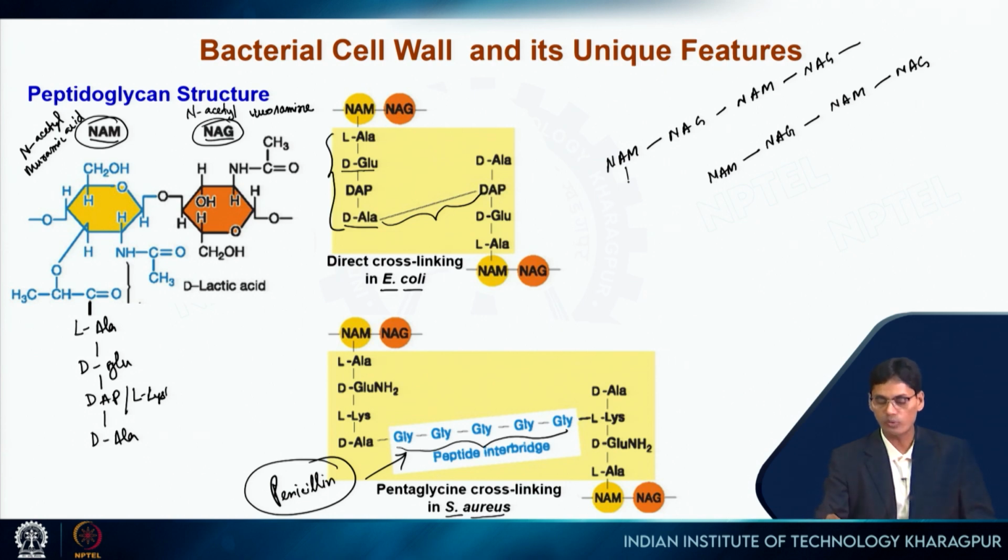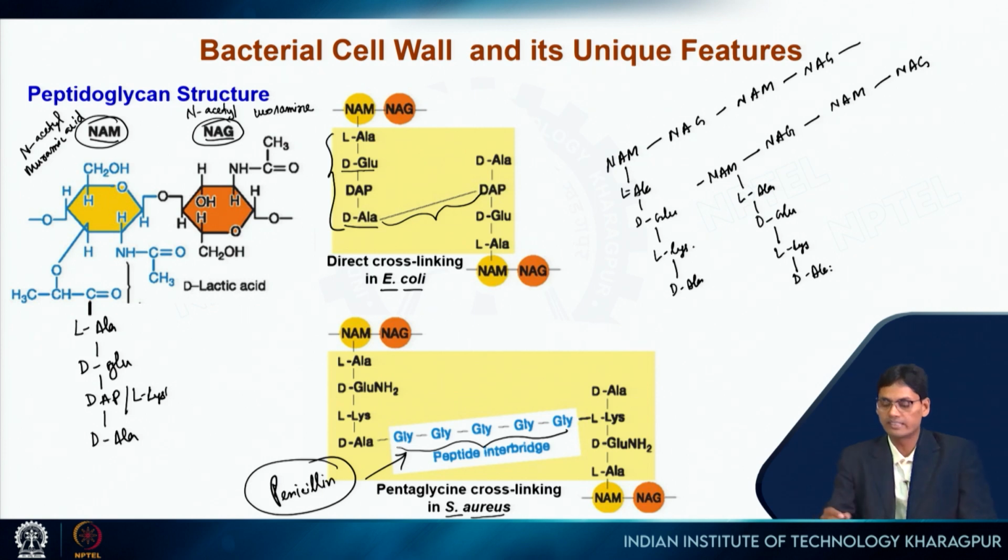Now from NAM, we have L-alanine and then D-glutamic acid and then L-lysine and D-alanine. Similarly, from this N-acetylmuramic acid you have the same peptide: L-alanine, D-glutamic acid, L-lysine and D-alanine.